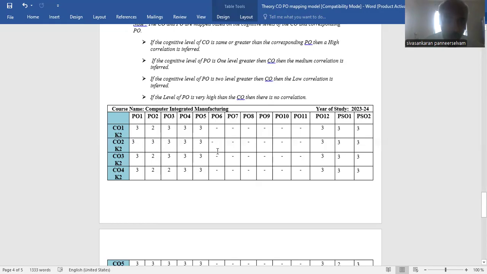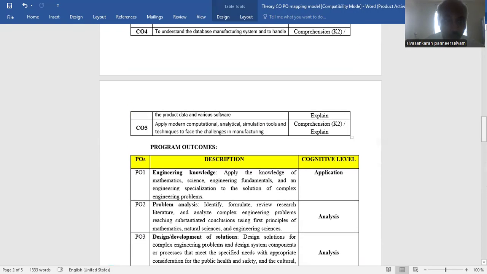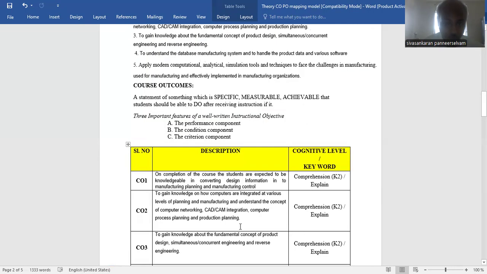Now, what is CO2? The second unit, the course outcome: gaining knowledge of how to integrate computers at various levels of planning and manufacturing, and understanding the concepts of computer networking, CAD/CAM integration, computer process planning, and production planning.